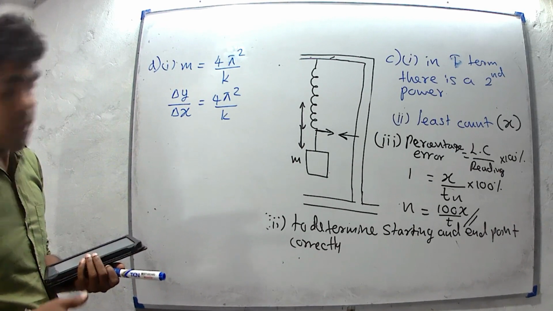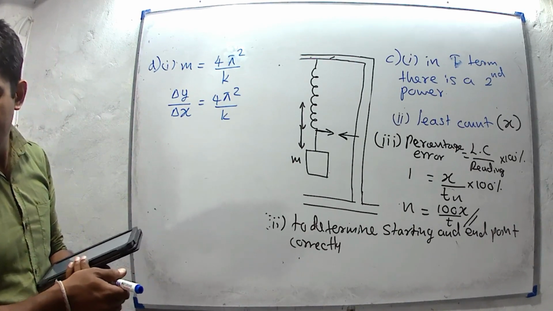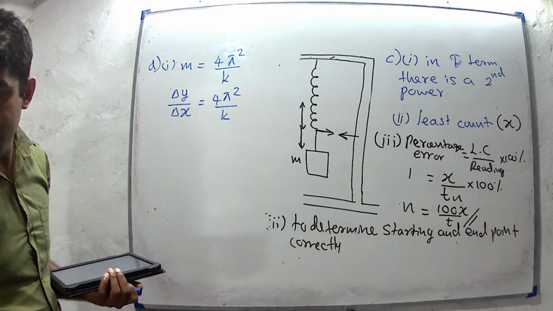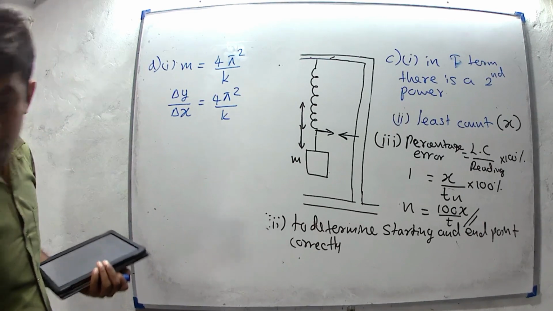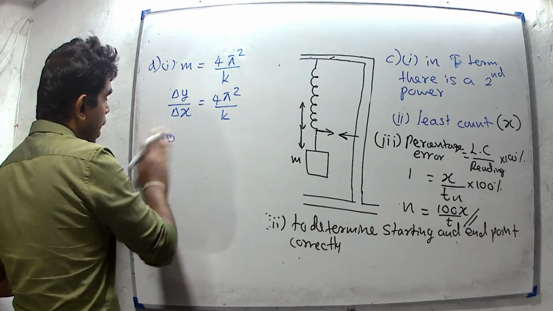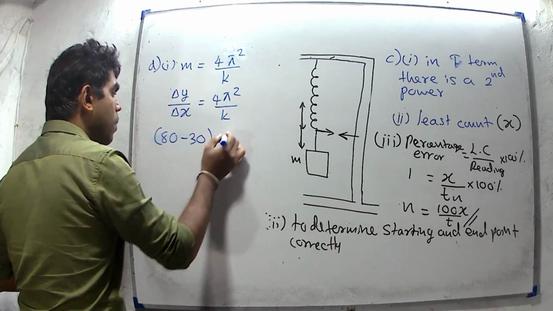We can subtract the y values. 80 minus 30. But we have to put 10 to the power minus 2. 80 minus 30 into 10 to the power minus 2.